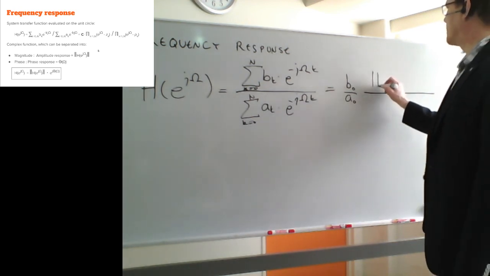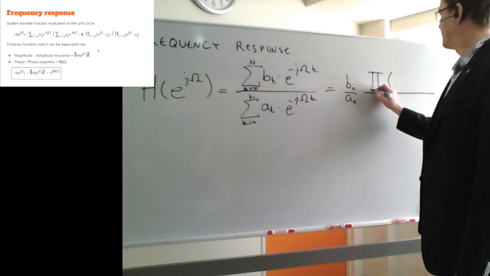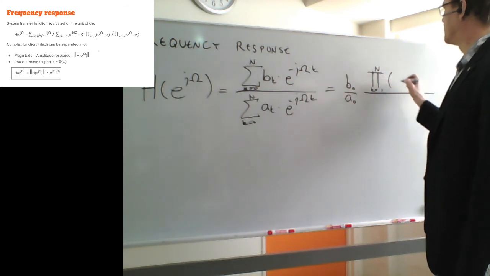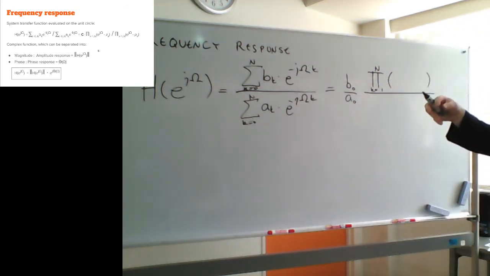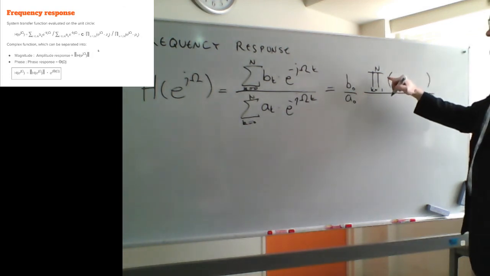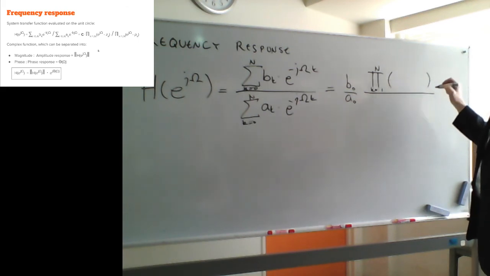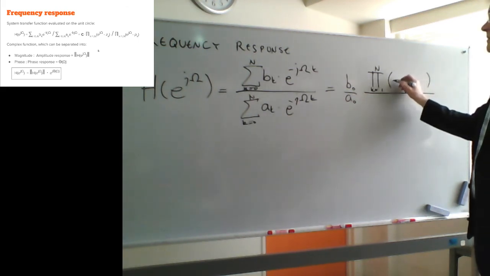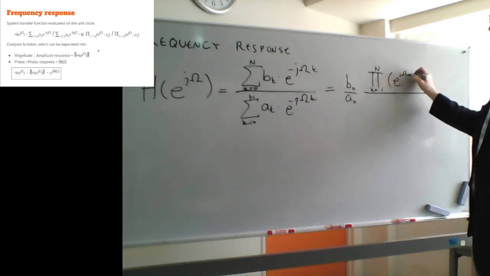And then we have a product of, so this is the product form, meaning we have found out the zeros and poles, and we have basically a product of z minus the zeros, with e to the j omega.